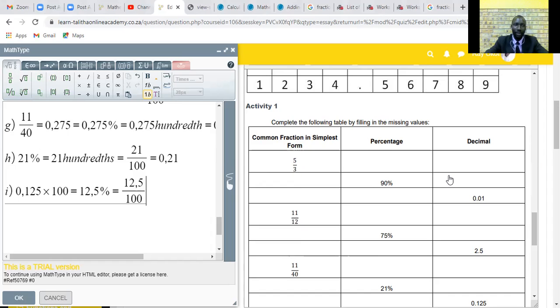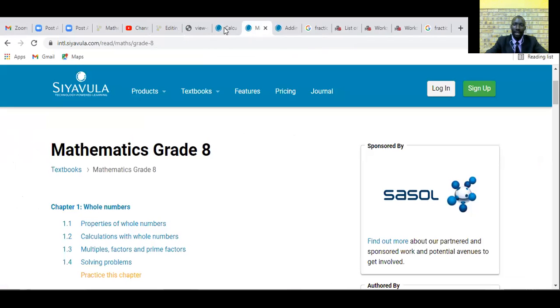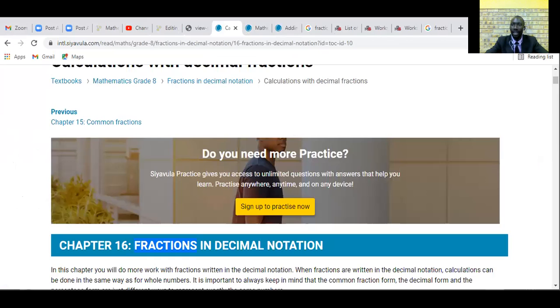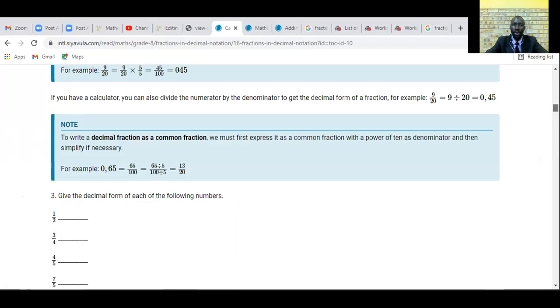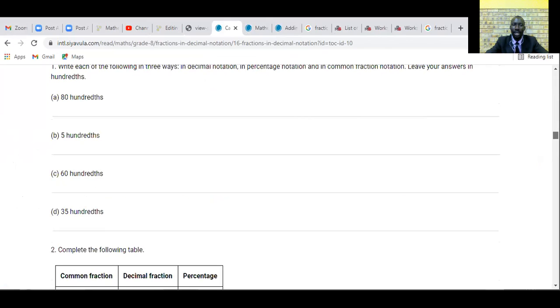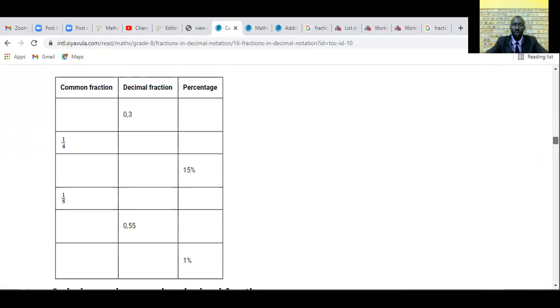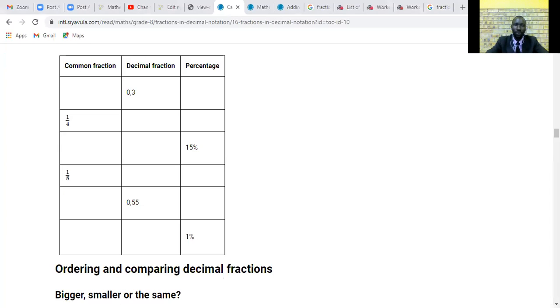Now, I think I can get a number just to have for you for a practice. Let me see if I can get the number for a practice. Really quick. So in this, we are supposed to complete the table.